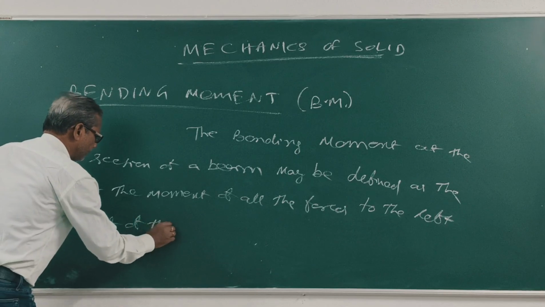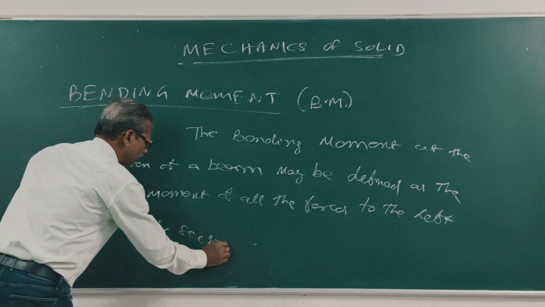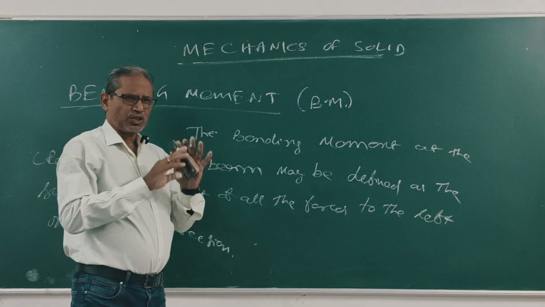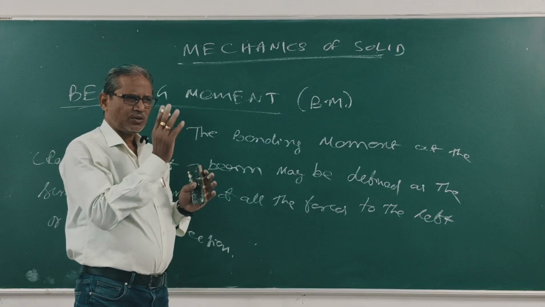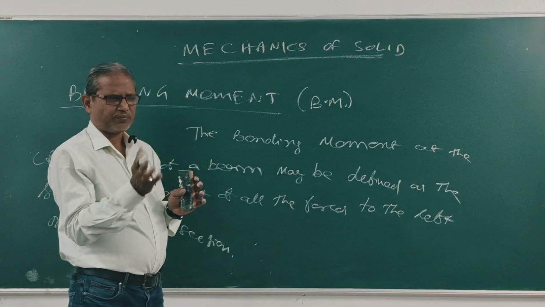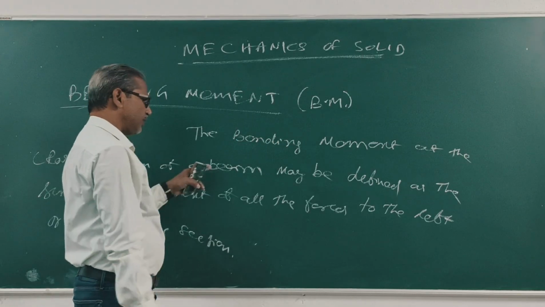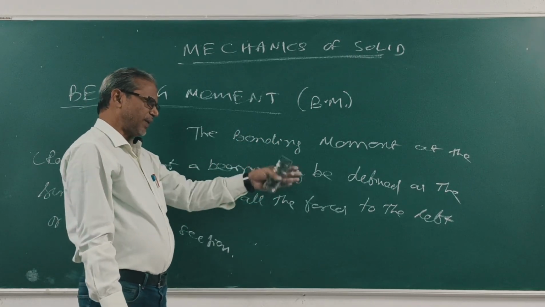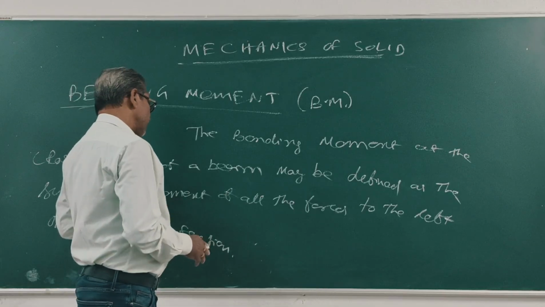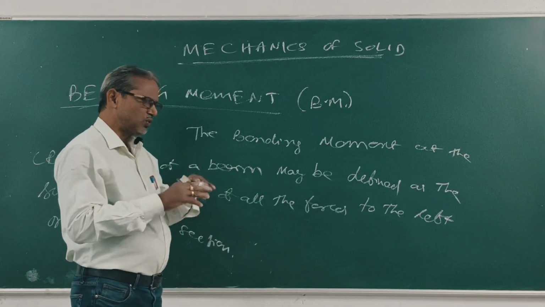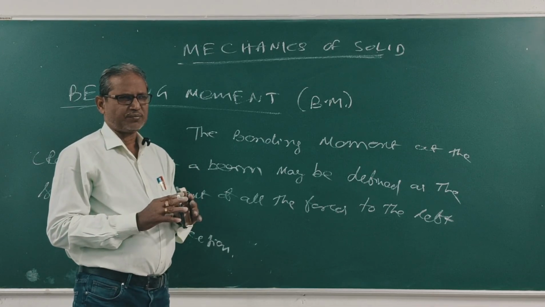Clear? So shear force is defined as the sum of all vertical forces to the right or left of the section. Similarly, the bending moment at the cross section of a beam at a section is defined as the sum of the moments of all vertical forces to the left or right of the section.